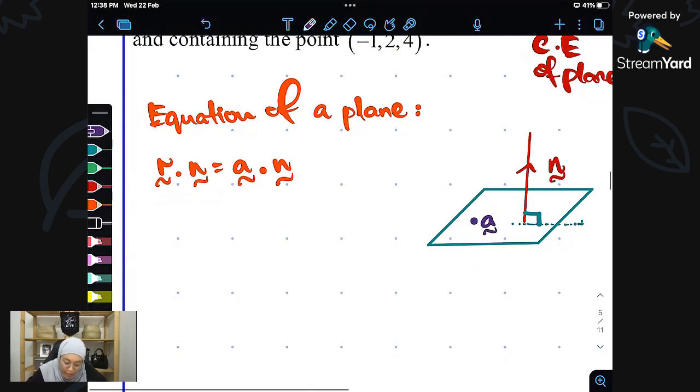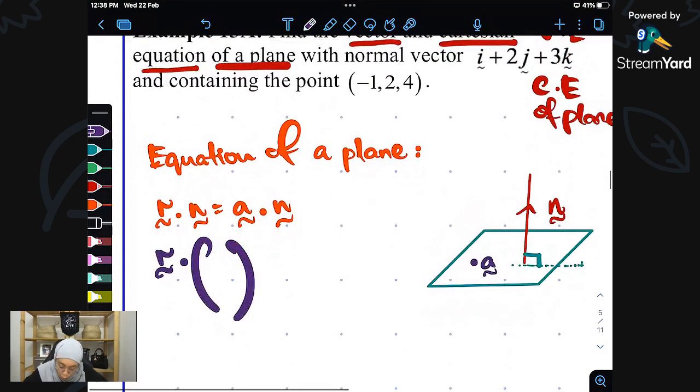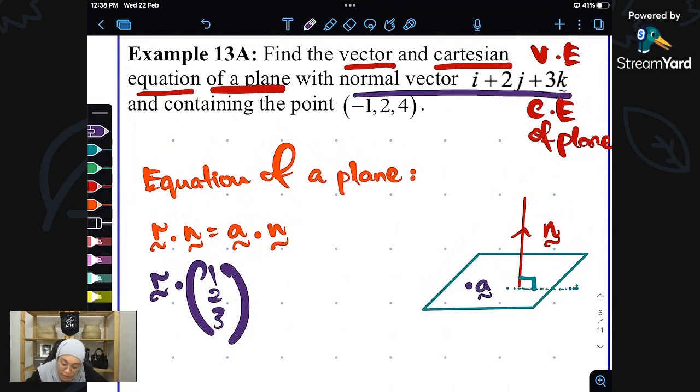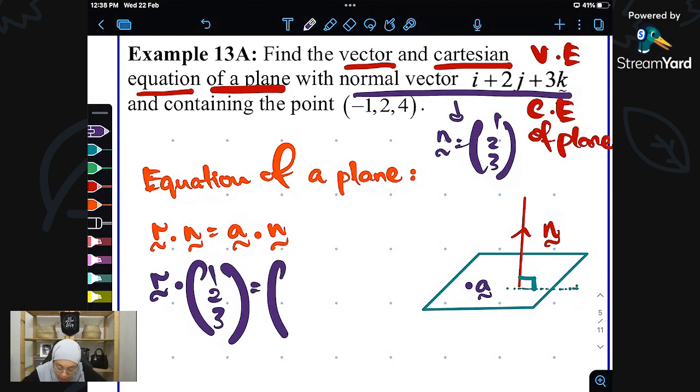So now we can happily insert our normal vector, which is 1, 2 and 3. As we all know that this information beri kita normal vector 1, 2 dan 3. Keluarkan maklumat dan masukkan maklumat ke dalam formula. And then we have a position vector A, which is negative 1, 2 and 4.